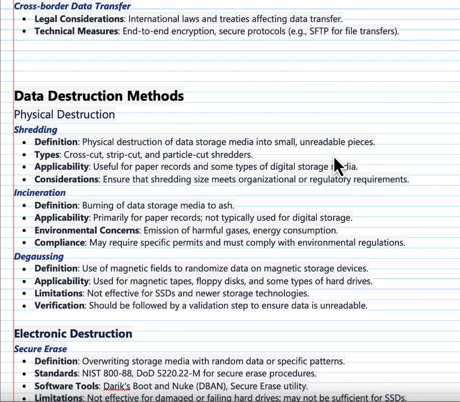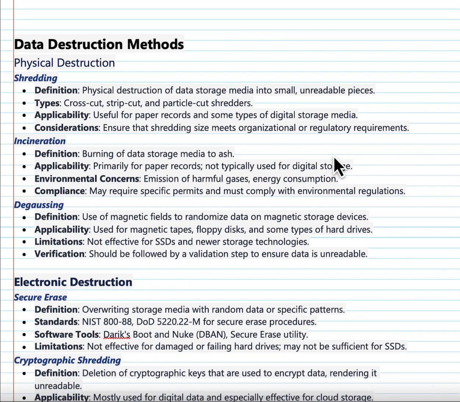Incineration, this is where you are burning the data and you're basically turning it into ash. So you want to make sure that everything that is being incinerated is being burned and destroyed, right? This is primarily for paper records; it's typically not used for data storage type of capabilities.